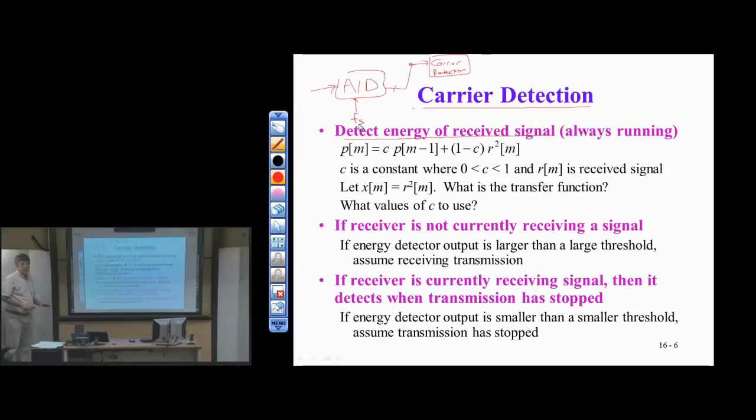Okay, so the simplest thing I can do is just detect how much energy I'm seeing, and I can certainly do an integration over all time. But what's the problem there? Stability. Yeah, it's not BIBO stable. So let's see if we can come up with another way to do it. What was the fast implementation of a running summation?